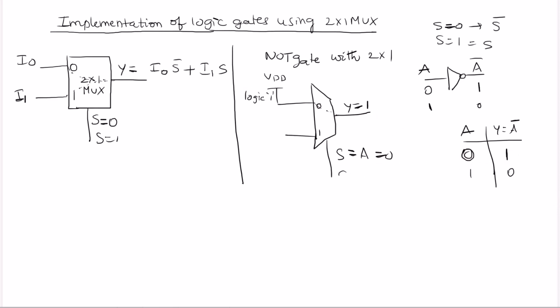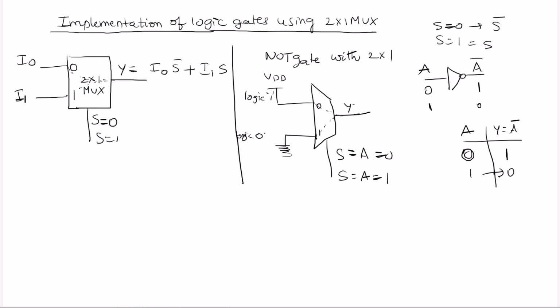Similarly, if S is equal to A is equal to 1, then the output is 0. If you put here ground, or 0 volts, logic 0, then obviously this 0 will be routed to the output and Y is equal to 0. So the output comes subsequently based on the selection of the inputs. A simple NOT gate is designed using the 2 to 1 MUX.